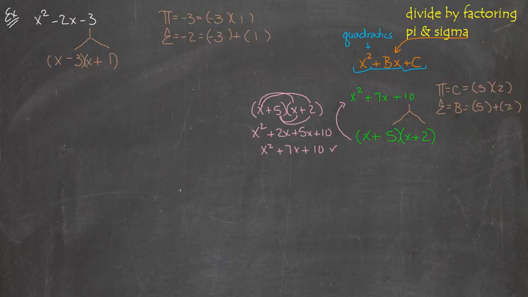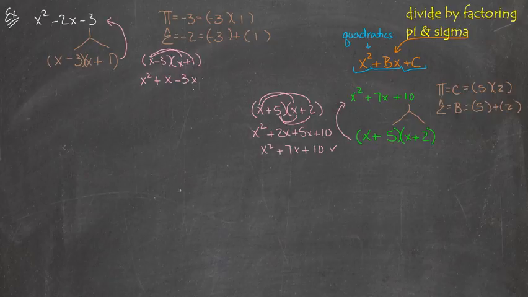Factored. Let's check it to be sure I actually have the right factors. X minus 3 times x plus 1. If I distribute, x times x is x squared. X times 1 is 1x. -3 times x is minus 3x's.